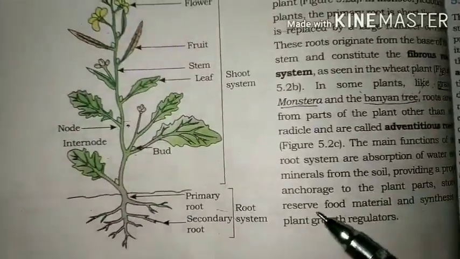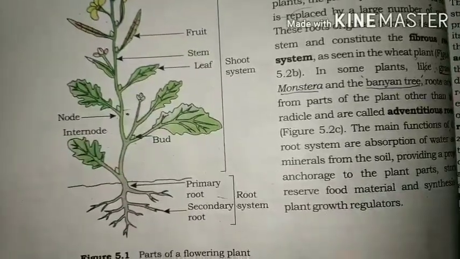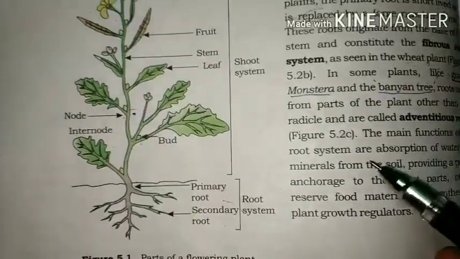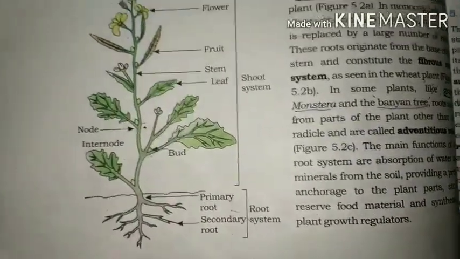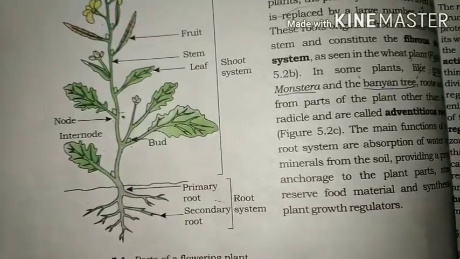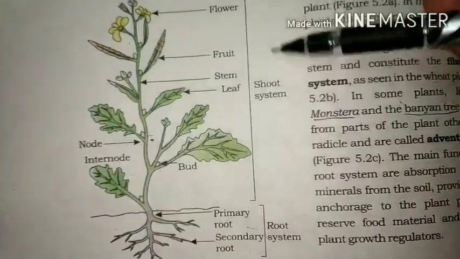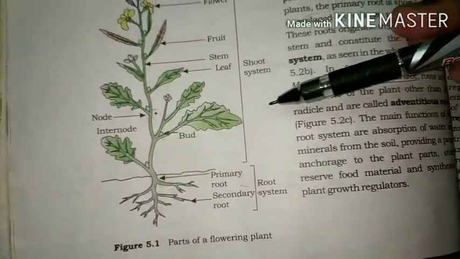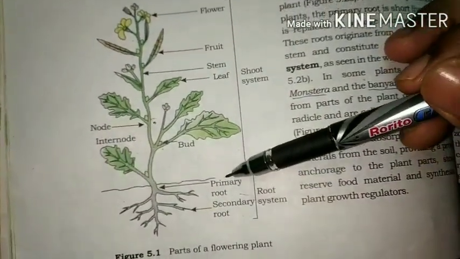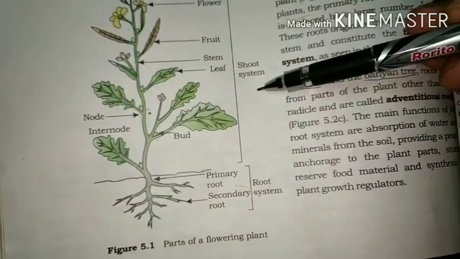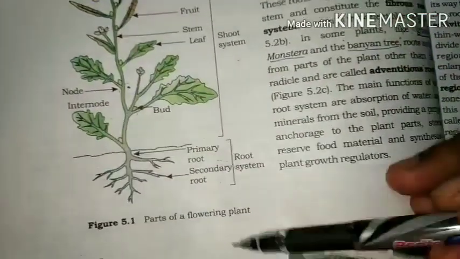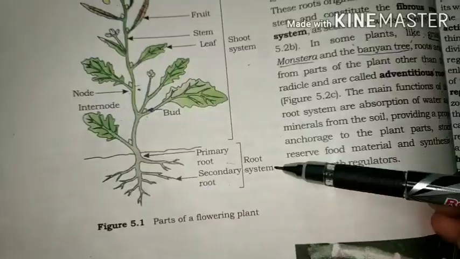First is the taproot system, second is the fibrous root, and third is the adventitious root. I will explain each of them. Firstly, have a look at this plant. The part above the soil is said to be the shoot system, and the part below the soil is said to be the root system.